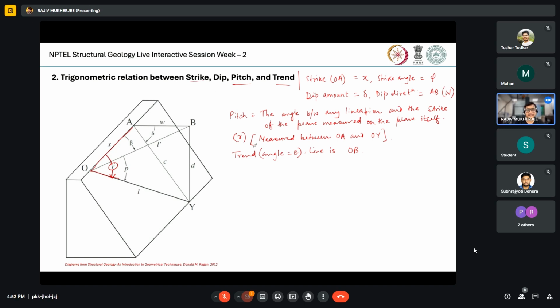So we have pitch angle R, we have dip amount delta, we have strike angle phi, and we have trend angle theta. We have to derive a relation between them.